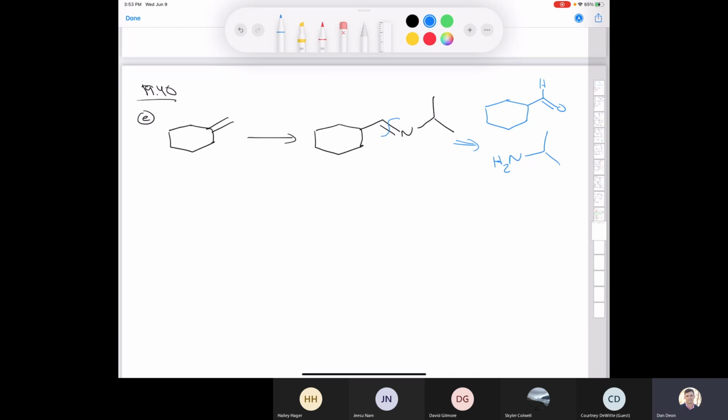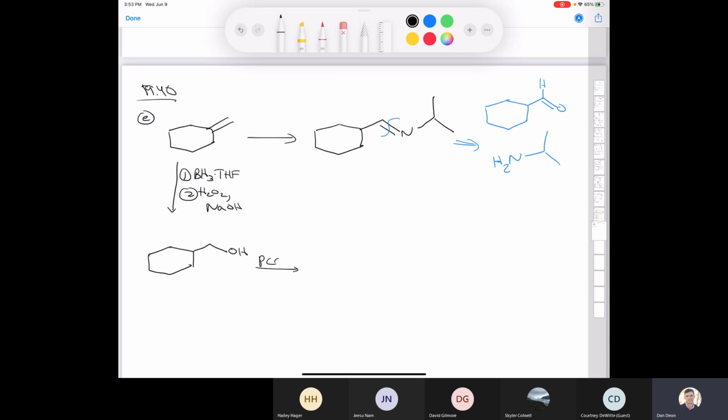So then the question just becomes, how would I get from here to here? Well, hopefully you can see that if you do an anti-Markovnikov addition of water across that double bond, so borane, THF, followed by treatment with hydrogen peroxide and sodium hydroxide, you'd end up with this compound. And then we can oxidize that really quickly.